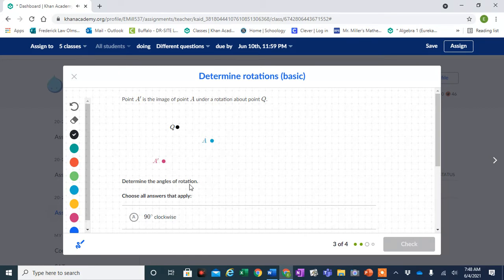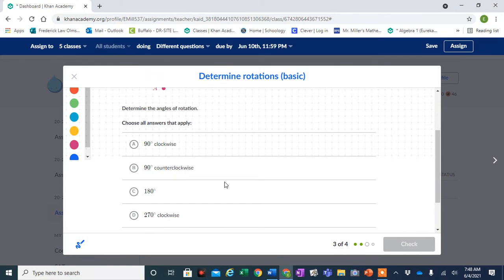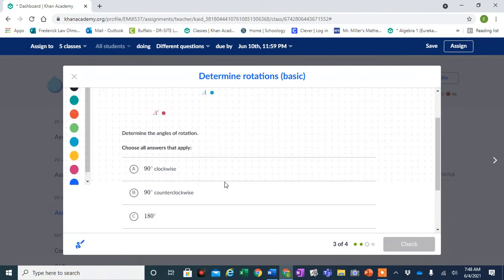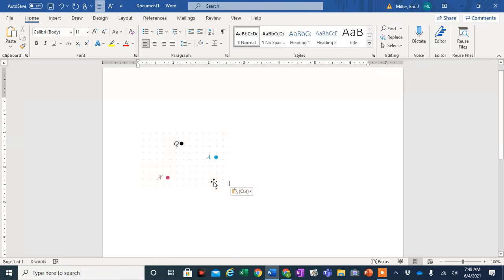Alright, so determine the angles of rotation. So we have A and A prime. How did A get over here to A prime? And again, we got the same choices. So if we go and look at this again, if I were to go counterclockwise, 90, that's not the same.